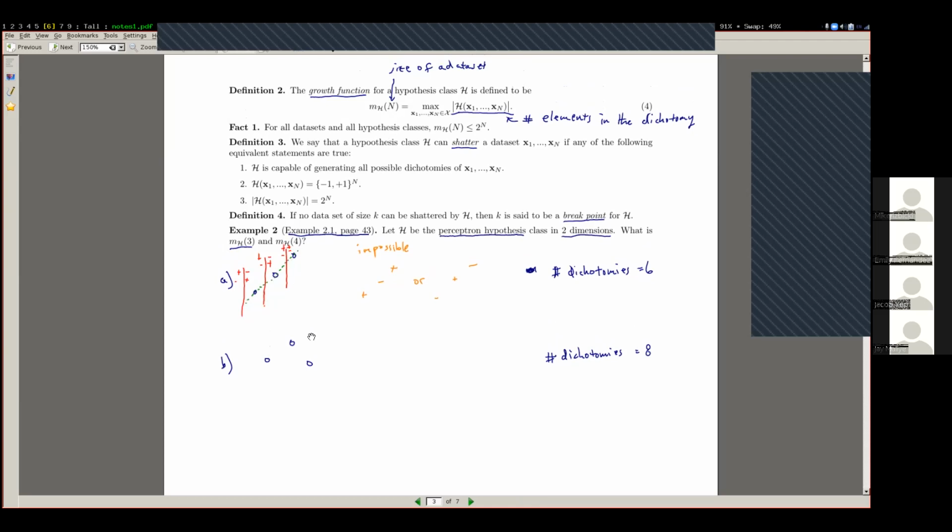And so looking at these, there are two possibilities for what a data set can look like in 2 dimensions. From the perspective of a perceptron, things can either be collinear, all on the same line, like this example up here, or they can be in this sort of triangle shape. And if we have things that are in a straight line like this, there are 3 most meaningful hypotheses, where we draw these vertical lines, or they could be slanted.